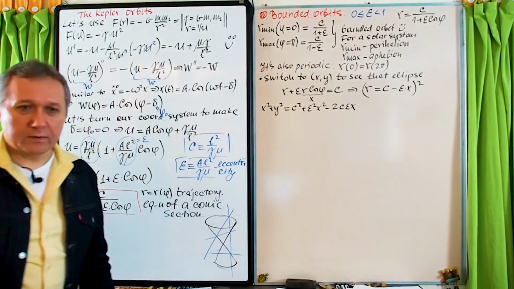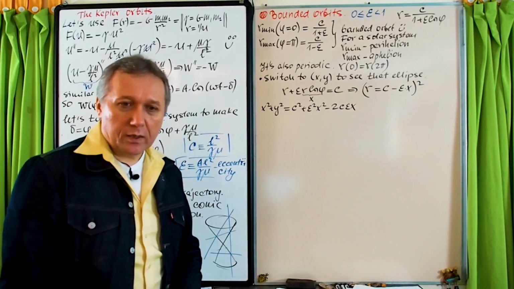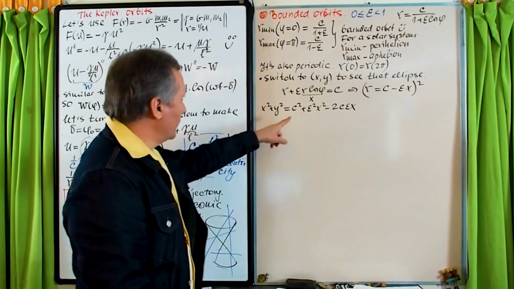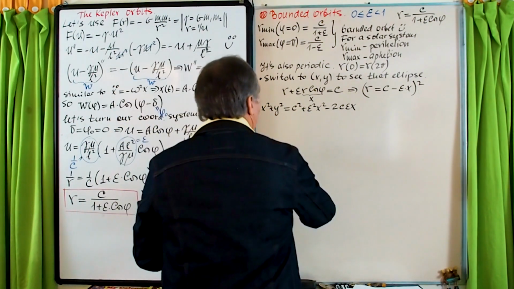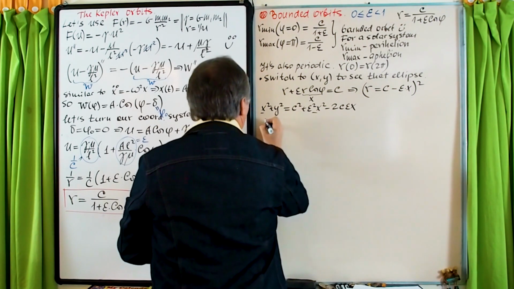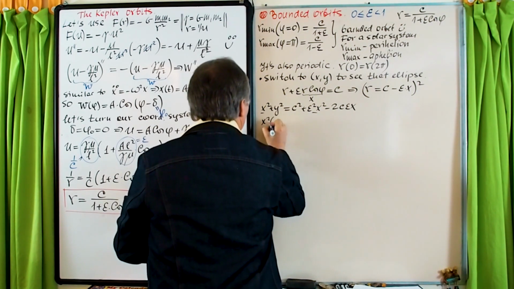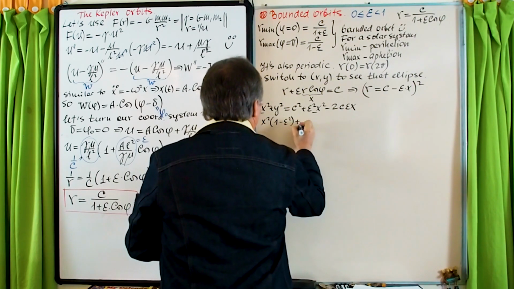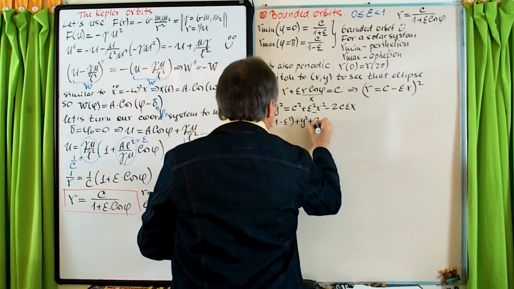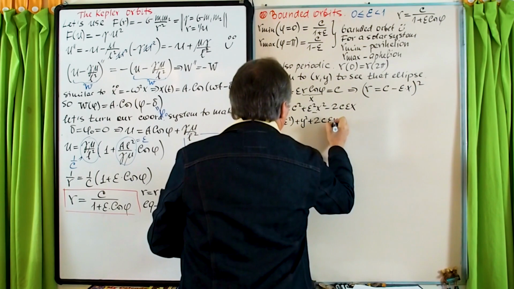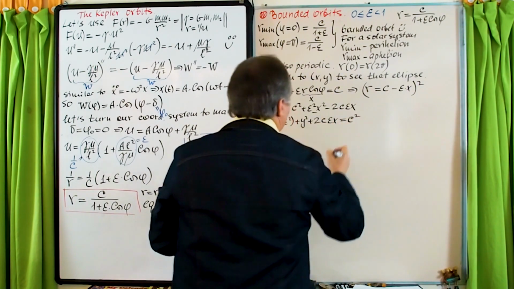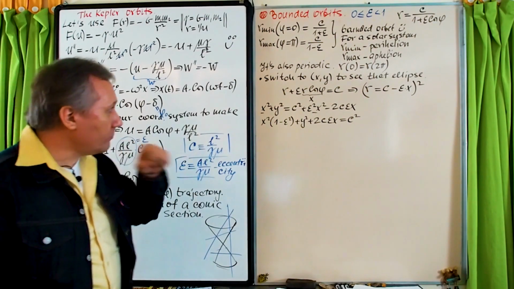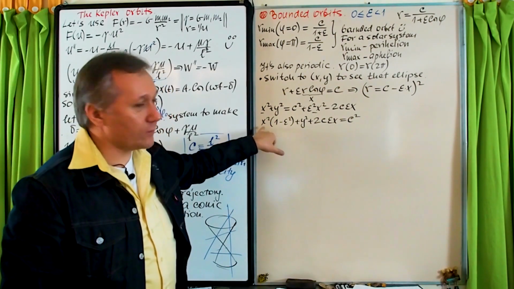Now let's move everything which has variables to the left-hand side. Only constant c I will keep there. So this and that can be combined. We'll have x squared times 1 minus epsilon squared plus y squared plus 2c epsilon x equals c squared. Simple algebra, just keep moving terms. Now, I don't want to have this factor in front of x squared.